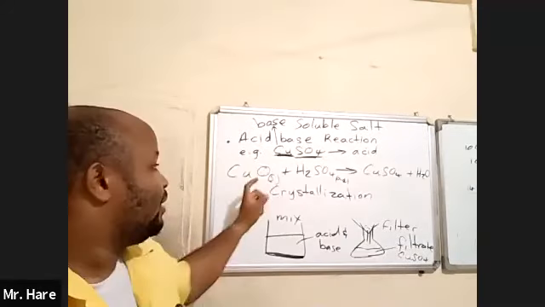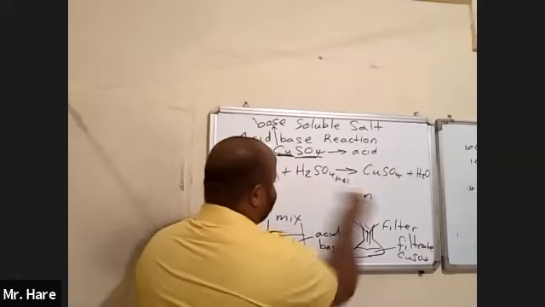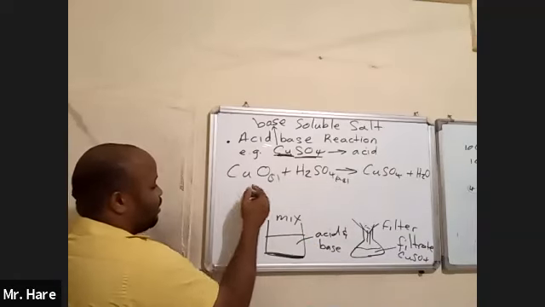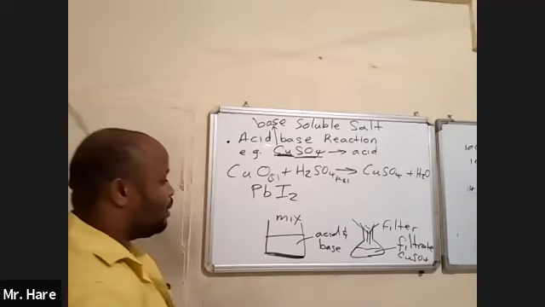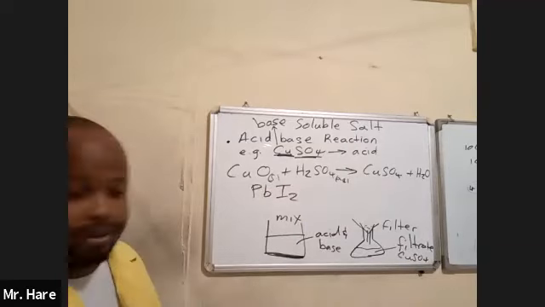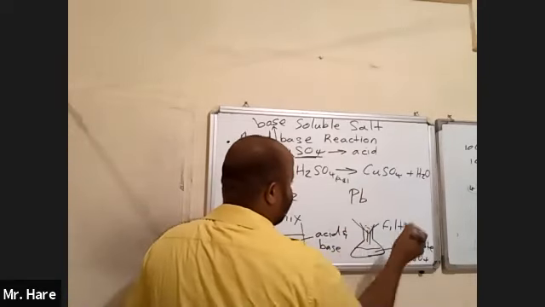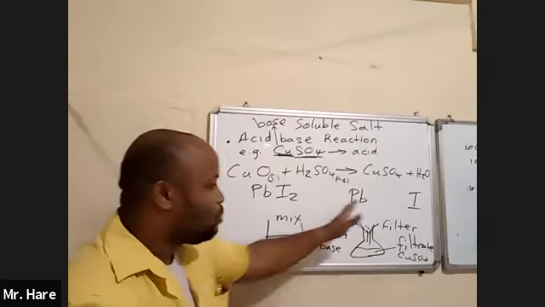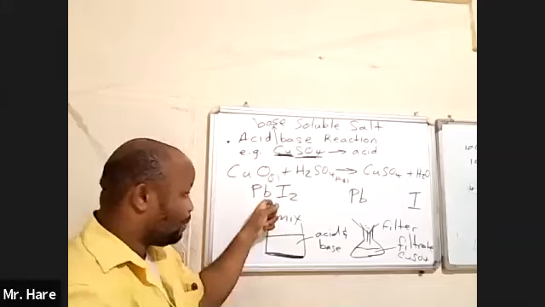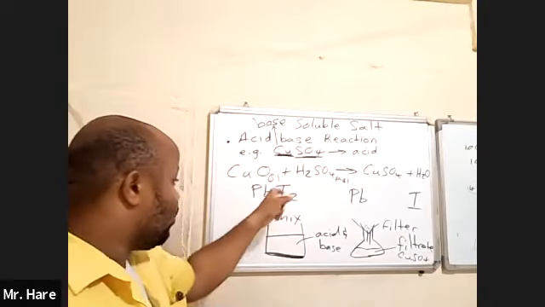For the insoluble one, look, you're asked to prepare PbI2. This is an insoluble salt, right? Separate the two of them, Pb separated from I, because you're going to have to mix two salts in order to get this product. They are asking you to show a reaction to prepare this.